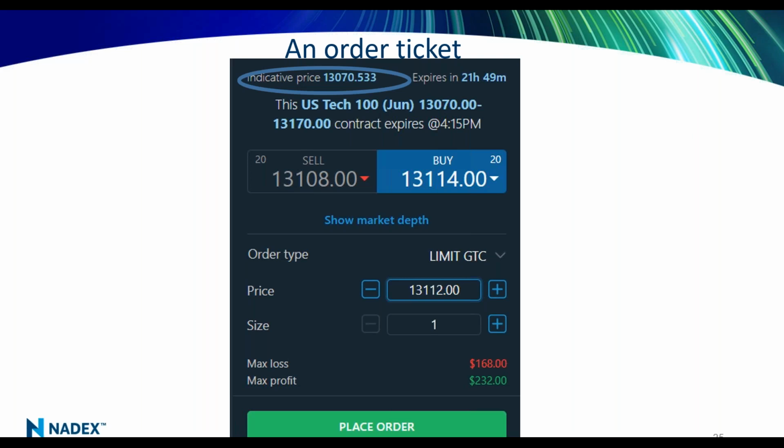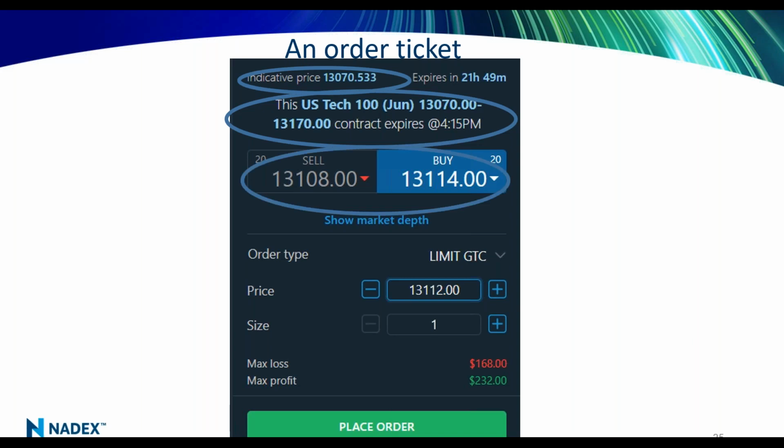Notice the prices that you would trade. If I wanted to buy it, it's not right at 13,070. It's all the way up at 13,114. That is the premium that is baked into this call spread. And notice that the call spread for the Nasdaq is a $500 spread. Notice at the bottom, again, it gives you the floor, it gives you the ceiling. I was buying one right near the floor.